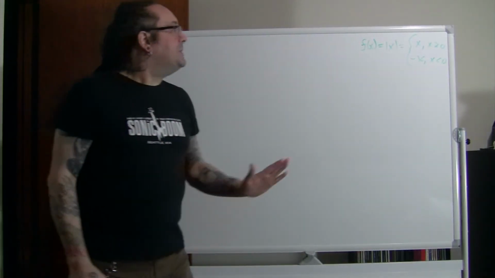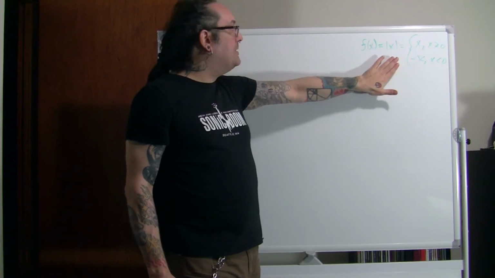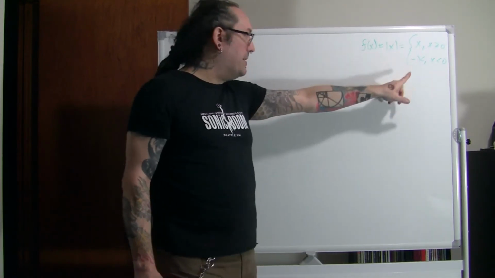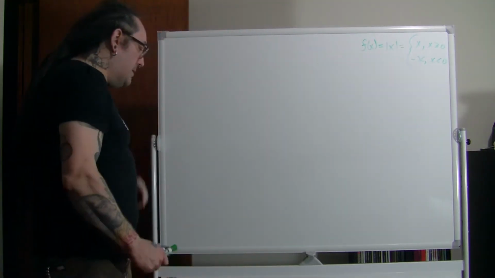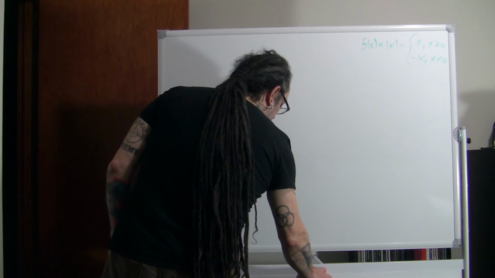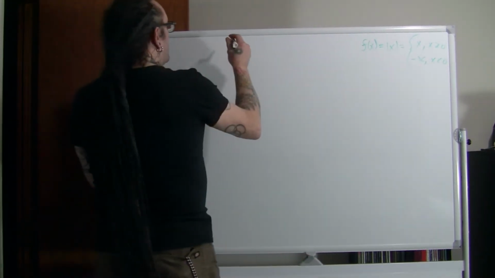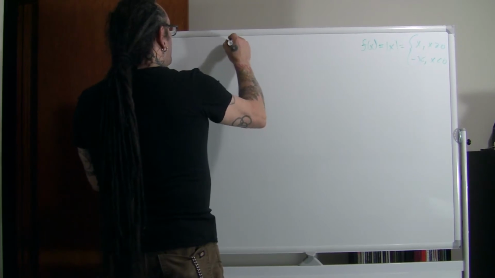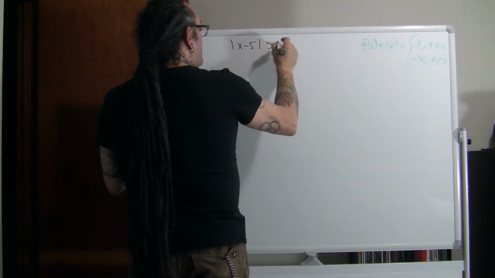Okay, so I just rewrote the part that we just talked about, which is the actual definition of the function absolute value. Now let's look at our problem from earlier. And of course, I don't remember it, so I'm going to come up with another one. Let's do the absolute value of x minus 5 is greater than 12.